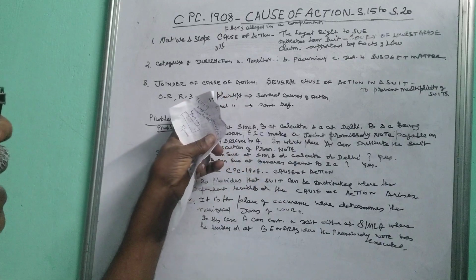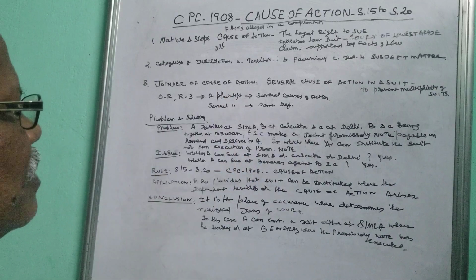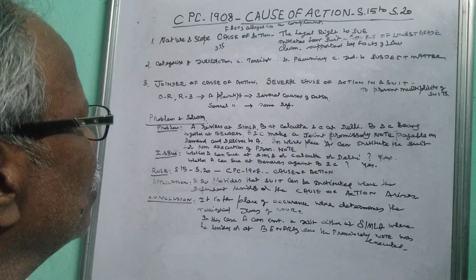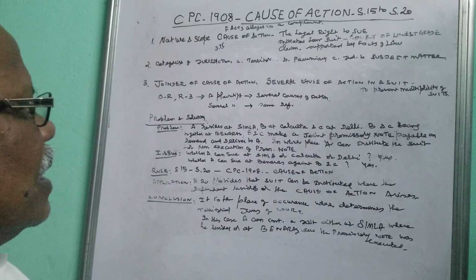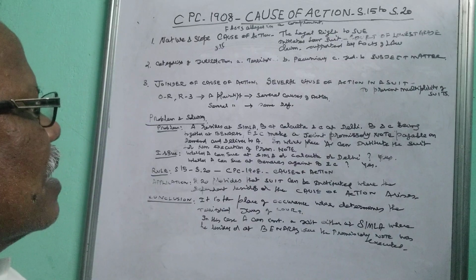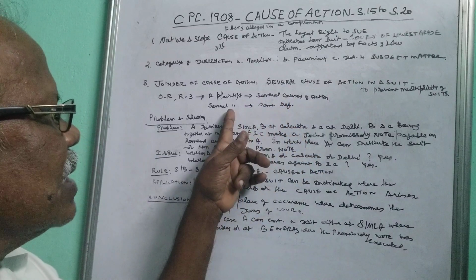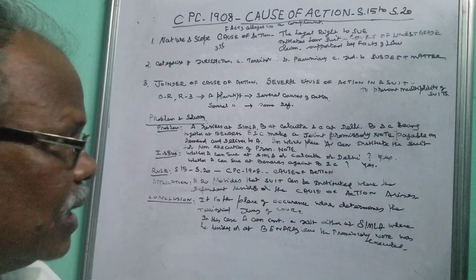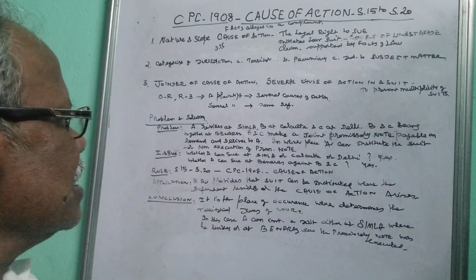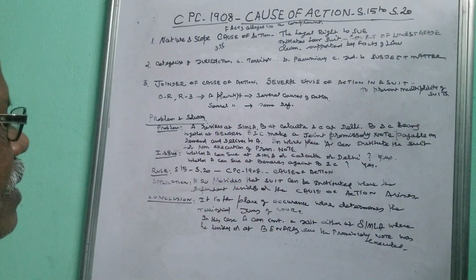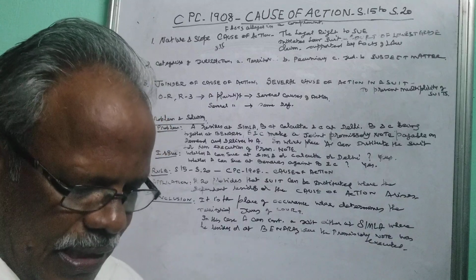This is dealt with under Order 6, Rule 3. Several causes of action, several plaintiffs, same defendant: like that, this is called joinder of cause of action. And I will explain the sections.